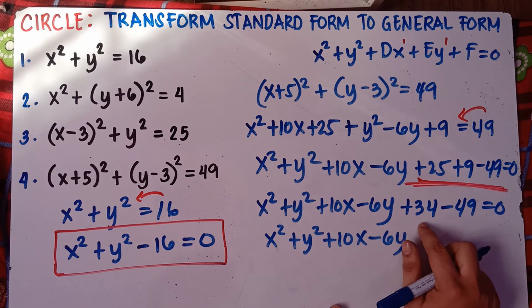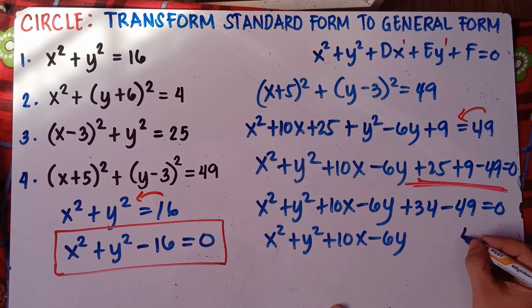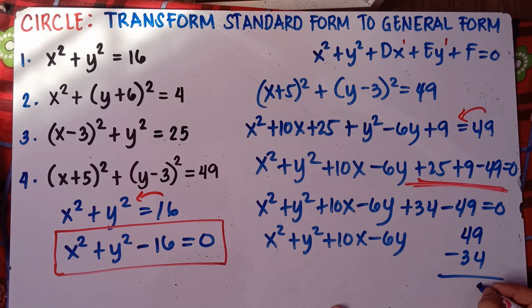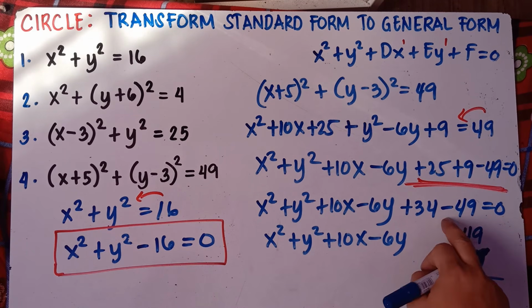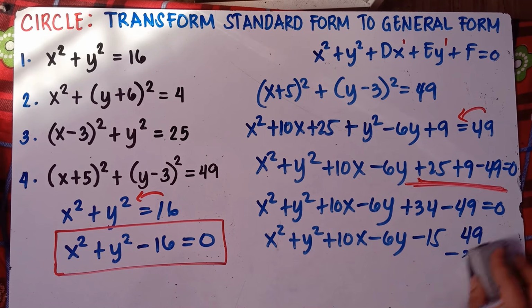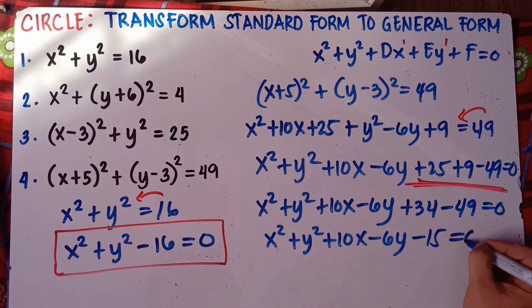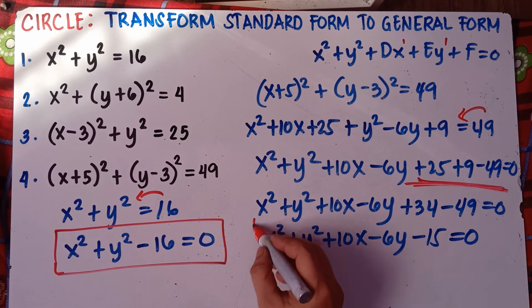If the signs are not the same, you subtract, then copy the sign of the larger number. 49 minus 34 is 15. Now since 49 is greater than 34, we copy the negative sign. So the answer is negative 15. Then equals 0. That's our final answer. Easy, right?